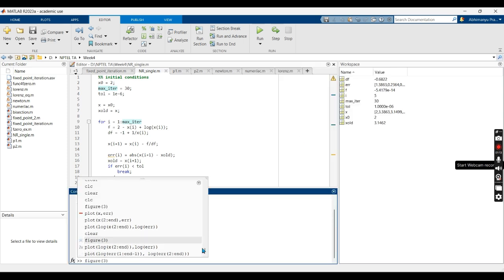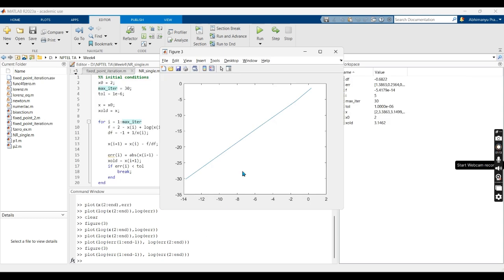Create a new figure, plot it on this. Yeah.